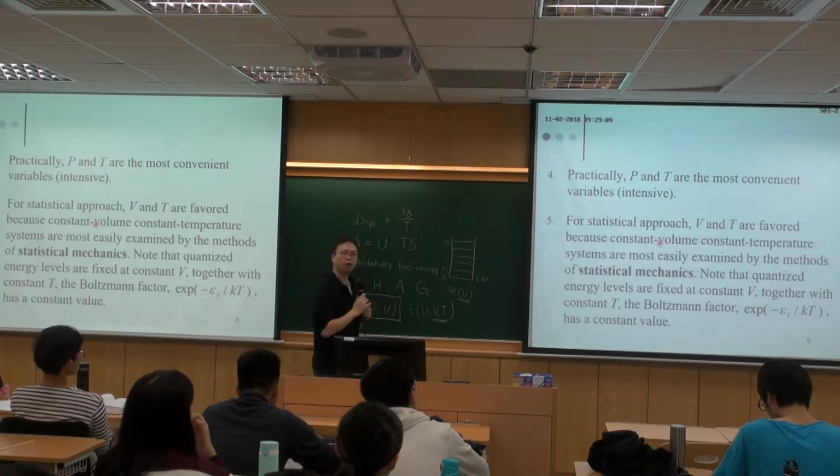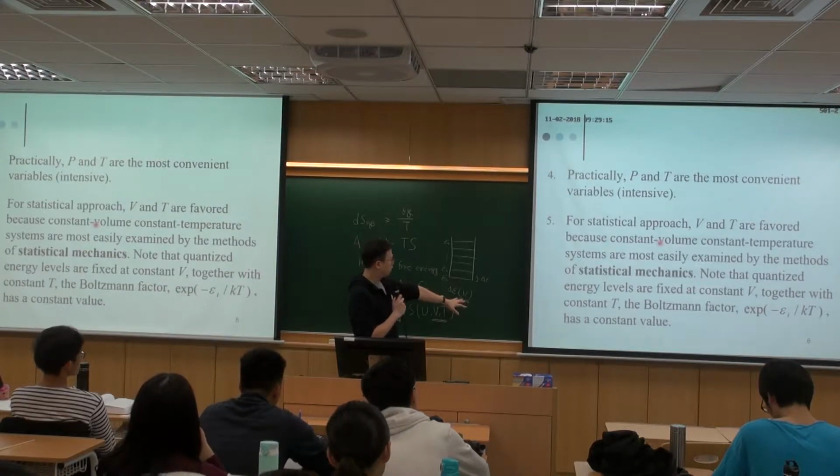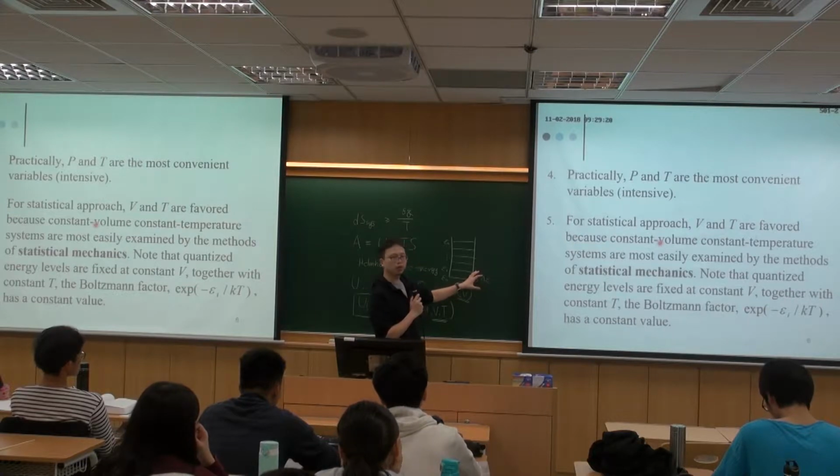So if you change the volume of the system, then the energy levels will change. For a larger system, typically the delta epsilon or delta E will be smaller.